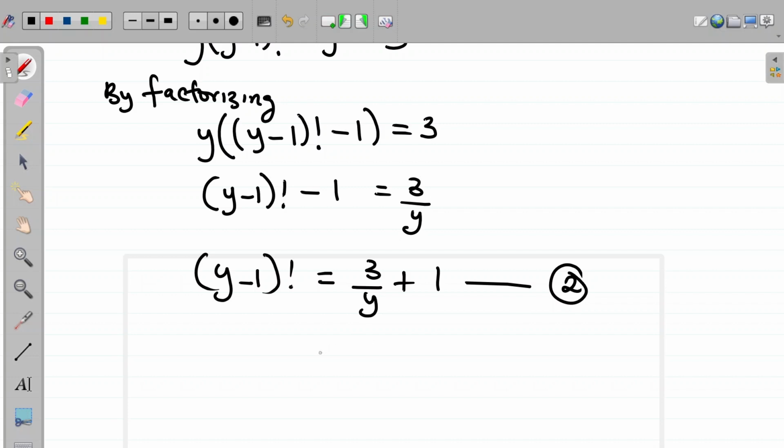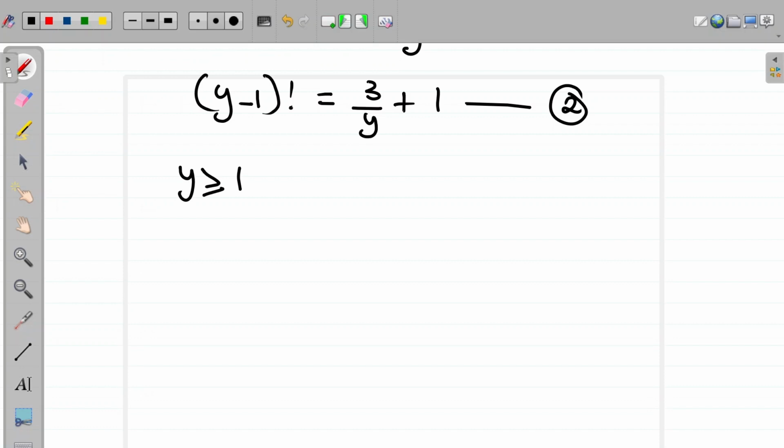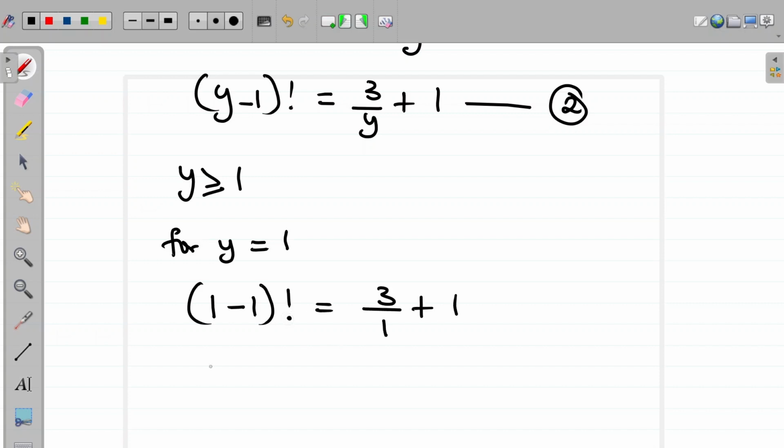Now, from equation 2, it is true that y will be greater than or equal to 1. So therefore, for y equal to 1, we have that 1 minus 1 factorial equal to 3 divided by 1 plus 1.